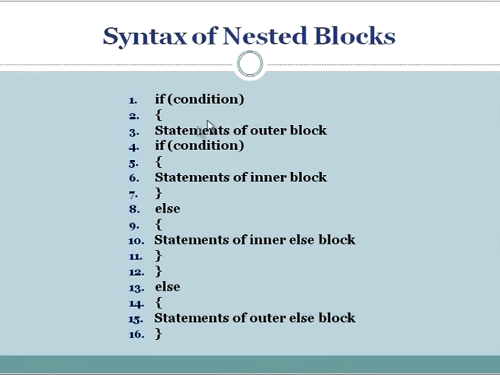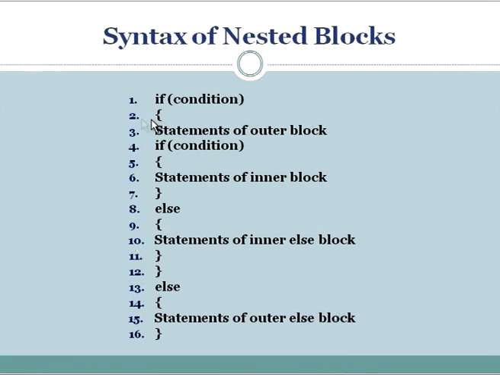There may be statements immediately after the starting braces of the if block, and inside the body, here at line number 4, there is another condition. You should carefully observe that the body of the if block starts at line number 2 and it closes at line number 12.